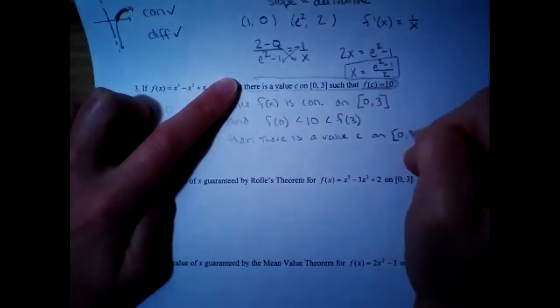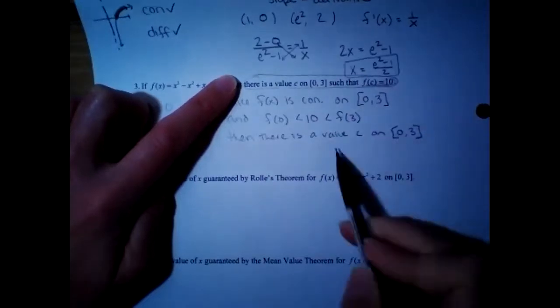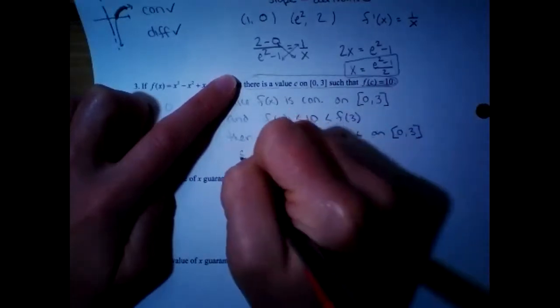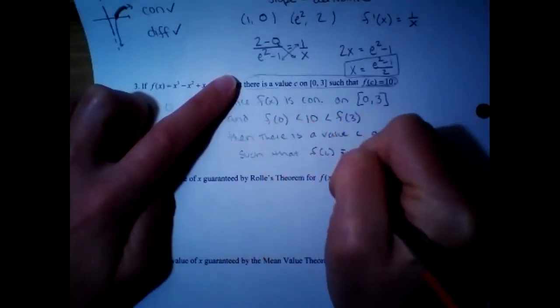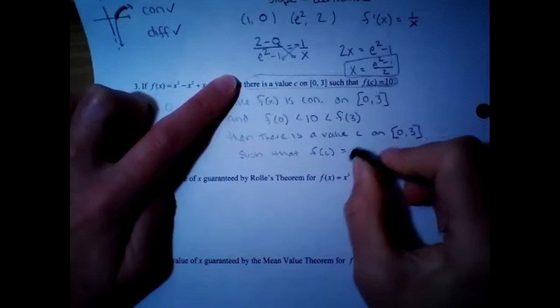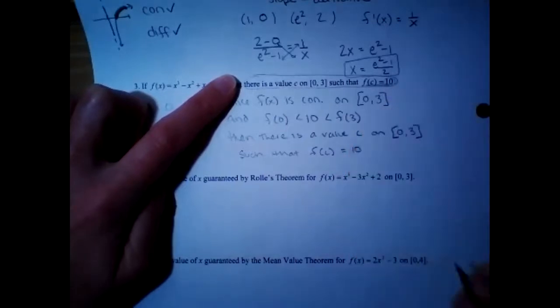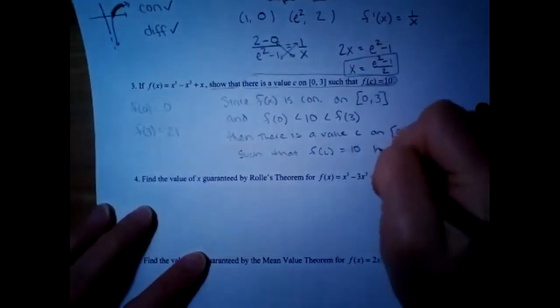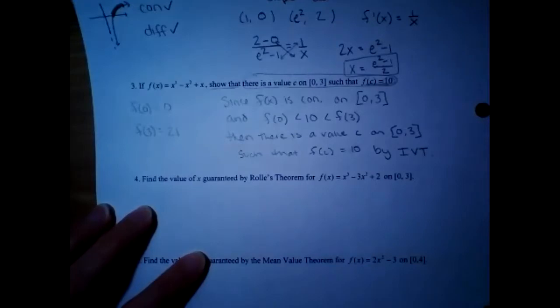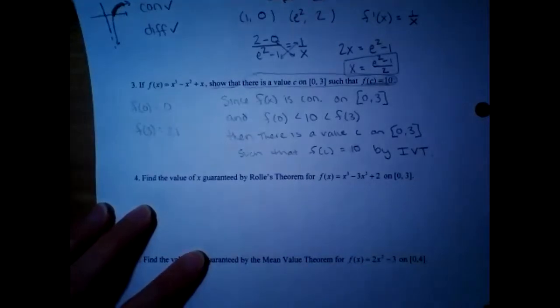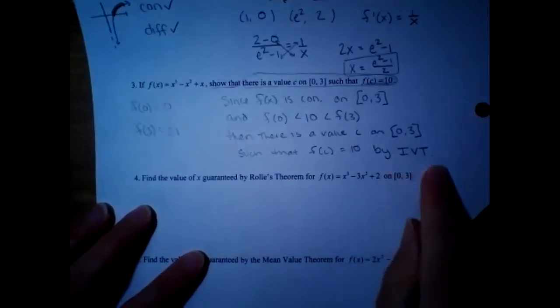On the AP exam, you can do this. Just recopy the question. There's a value c on 0 to 3 such that f of c equals 10. So I literally just rewrote what they had. That's what they asked me to prove, so that's what I'm going to say. And then you want to say what theorem you used. So by intermediate value theorem, and you are totally allowed to abbreviate that. They accept the abbreviations. So it's intermediate value theorem.